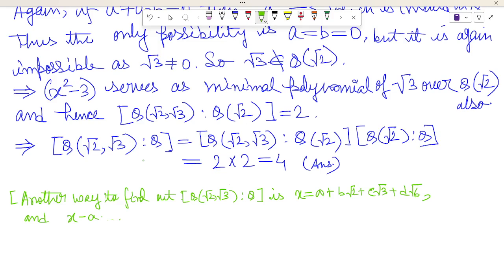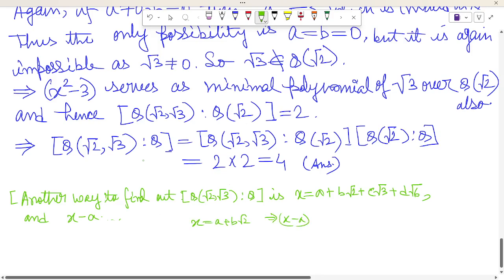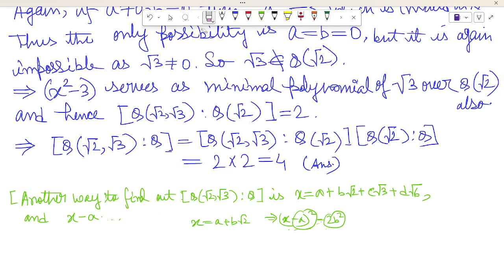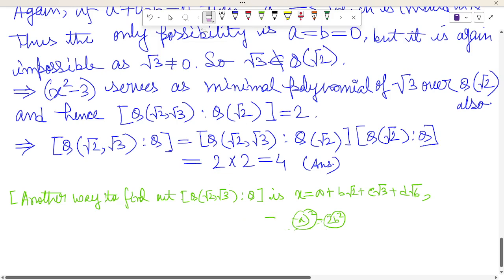Whatever you did, suppose x equal to a plus b root 2, then what does x satisfy? x minus a whole square equal to 2b square. Then all entries are rational except x, which is the variable there. So after this, everything is rational and you find the minimal polynomial. But that is a very critical, difficult and lengthy process.